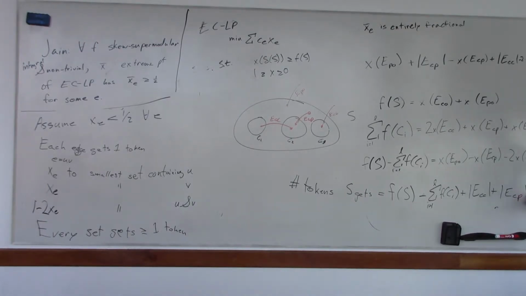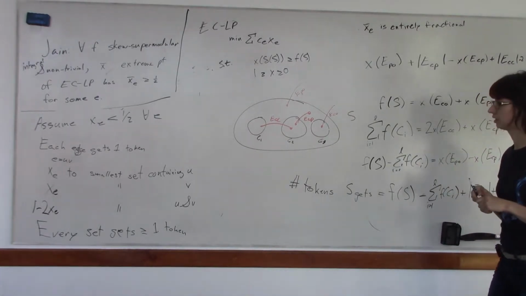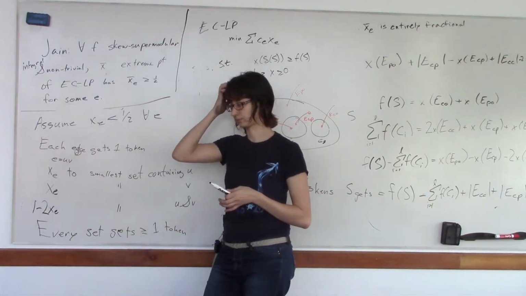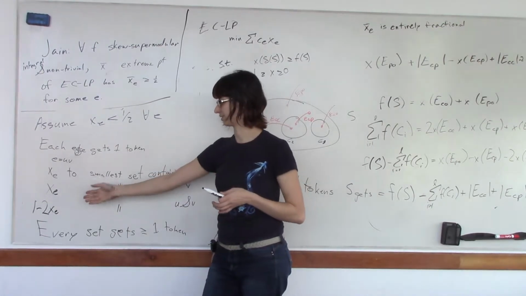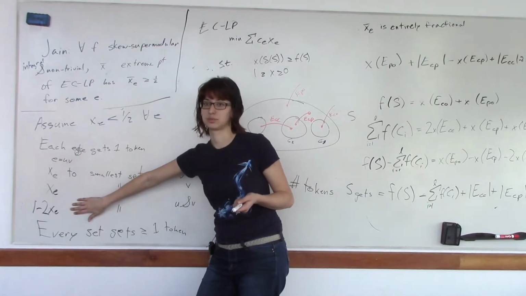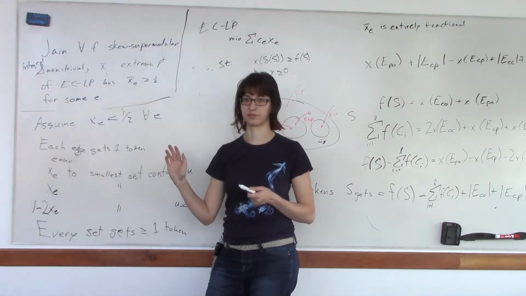So this tells us that the number of tokens S gets is integral. f of S is integral, f of C_i is integral, and we have two sizes of sets here. So we know S gets an integral number of tokens. We also know x_e is positive because x_e is strictly greater than 0, and 1 minus 2x_e is also positive because we assumed everything was less than half.